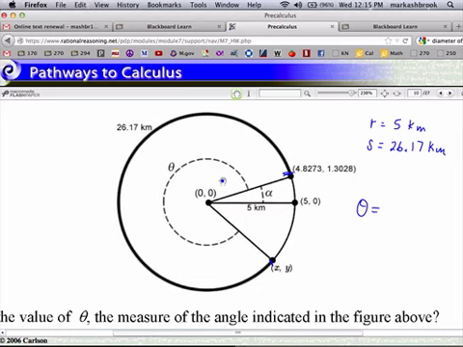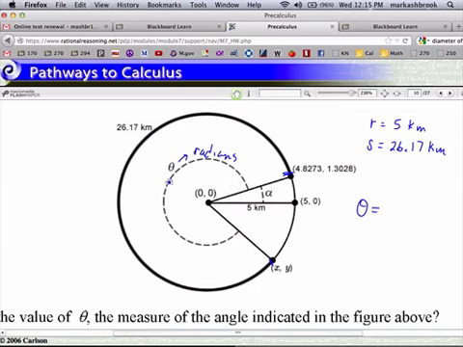Arc length divided by the radius. But what quantity does it represent? That's a formula. Besides the measure of an angle in radians, what else does that value represent? Radius lengths. Radians and radius lengths are the same thing.